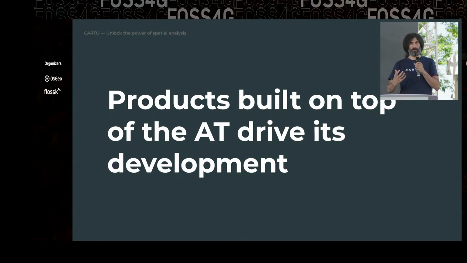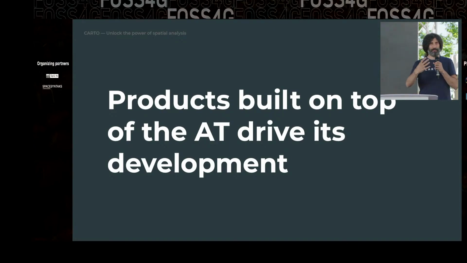The approach that you have when you use it from the console might not be the same as when you use Carto Workflows. So that somehow shapes the analytics toolbox and the way we implement functionality in there. So there's a bidirectional relation between the toolbox and the things that we build on top of it.